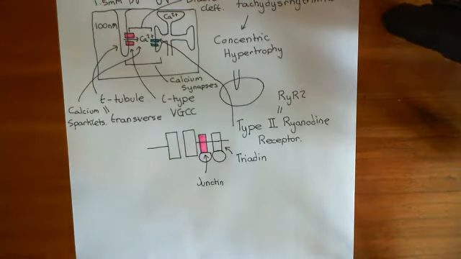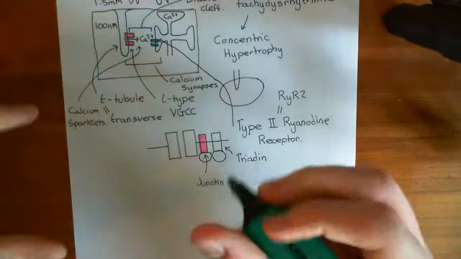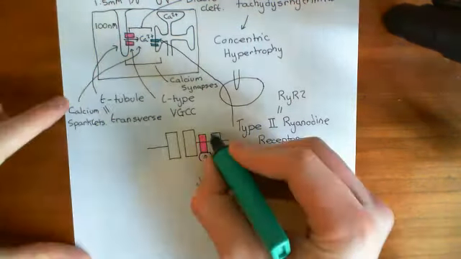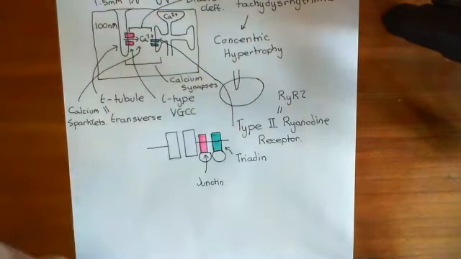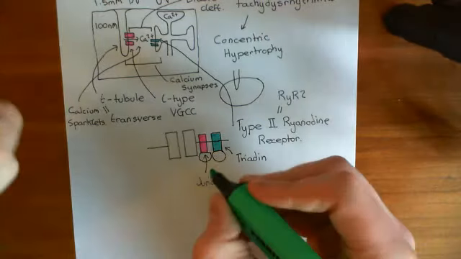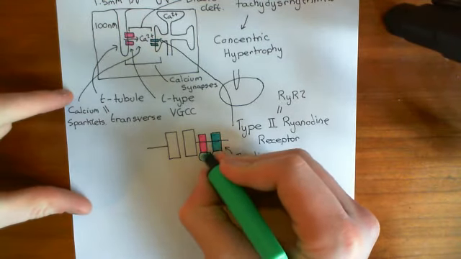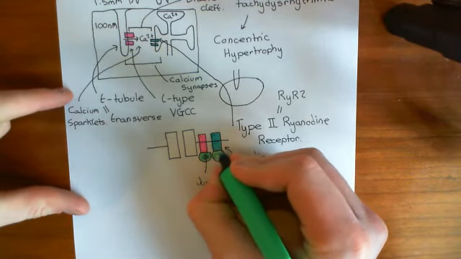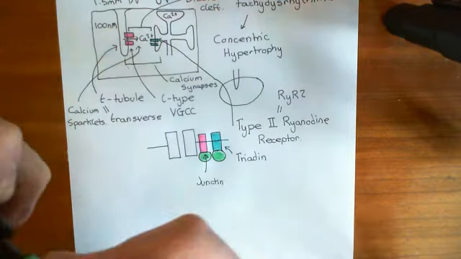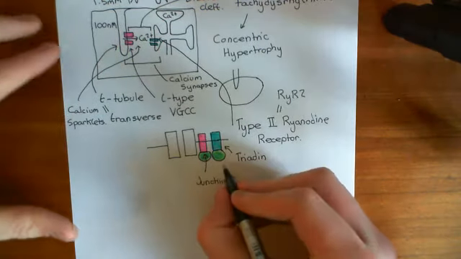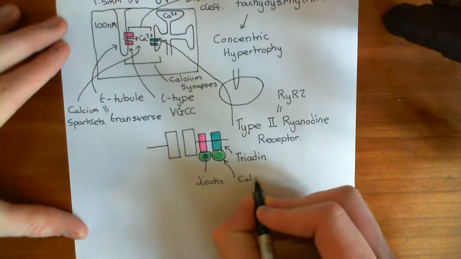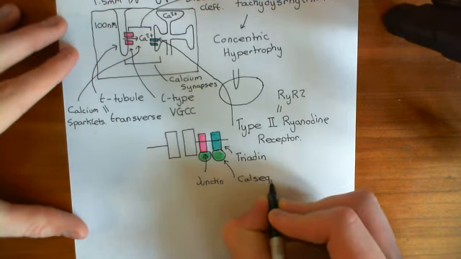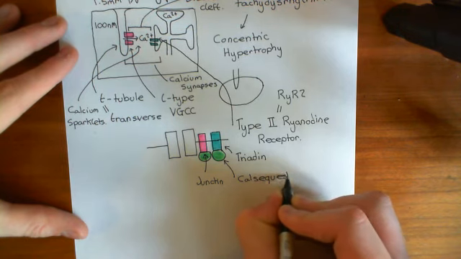So junctin is the pink rectangle, and triadin is this turquoise rectangle here. Now there is this other protein which I'll colour in light green, which is this circle down here. And this is a protein known as calsequestrin, not junctin. So both junctin and triadin have this protein calsequestrin bound to them.